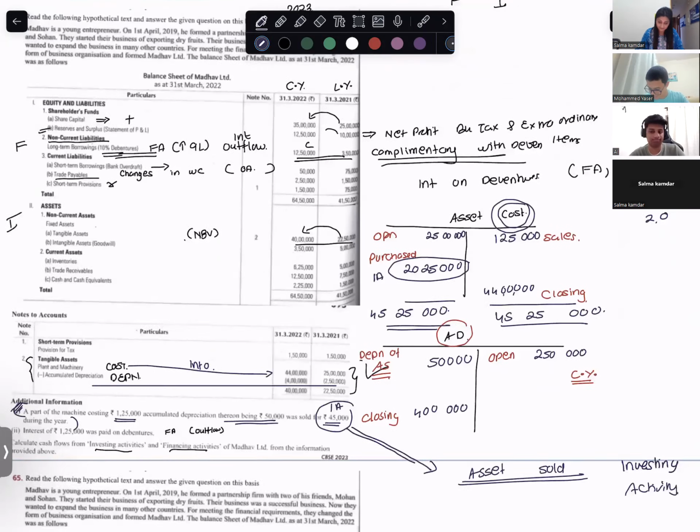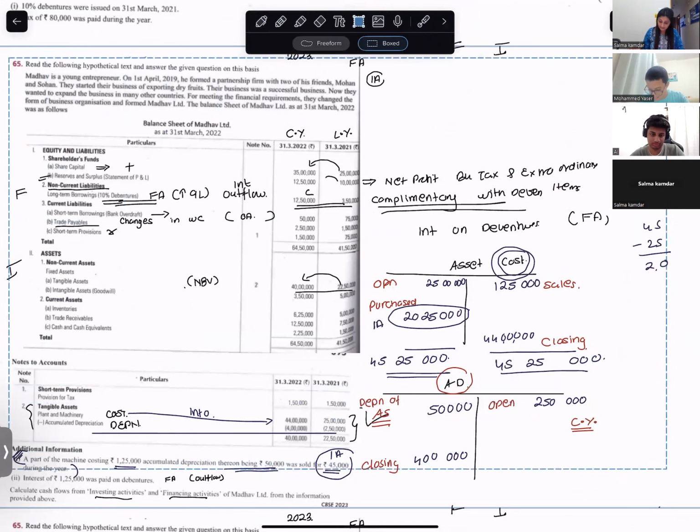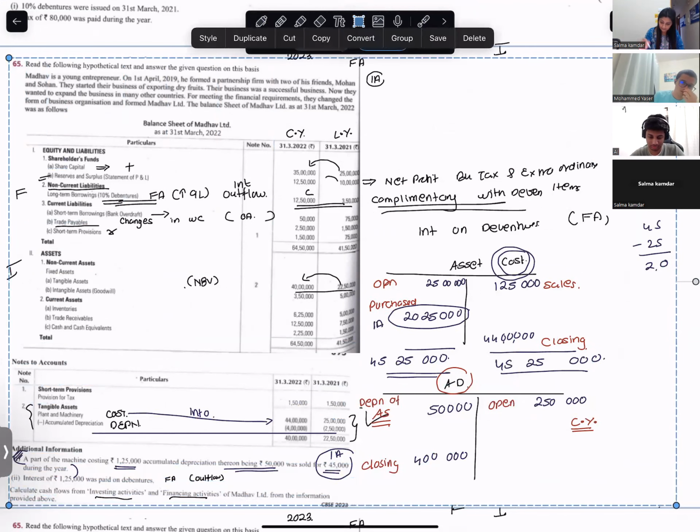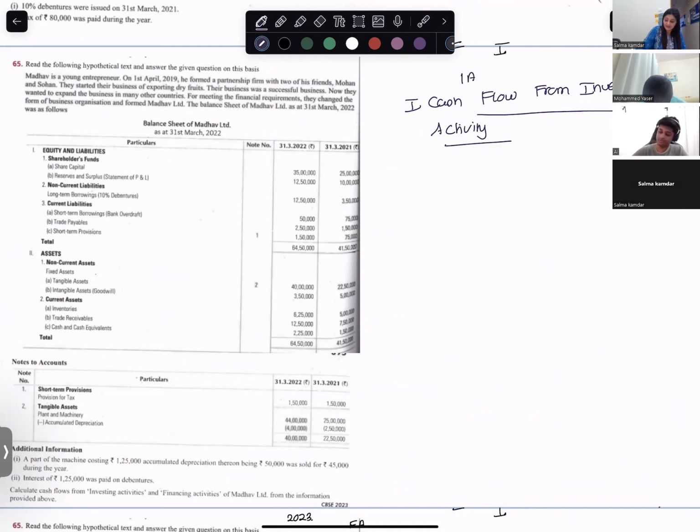Okay, fine. Now what will I do? Now we have to create cash flow from investing activity and cash flow from financing activity. Start. Make. Okay, ma'am. Cash flow from investing activity.